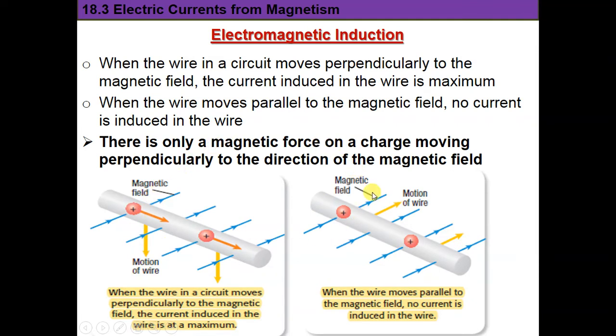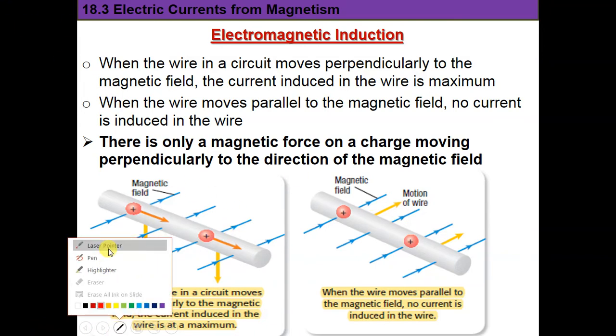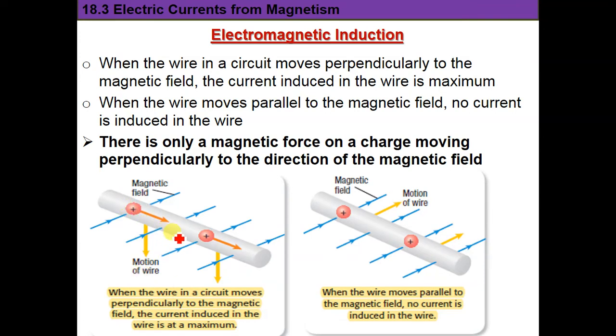Now, here, I told you before that when we move the magnet in and out of the loop, we have to move it not parallel to the magnetic field. Why? Pay attention with me. Let's say that I have this wire, and I have here a horseshoe magnet.